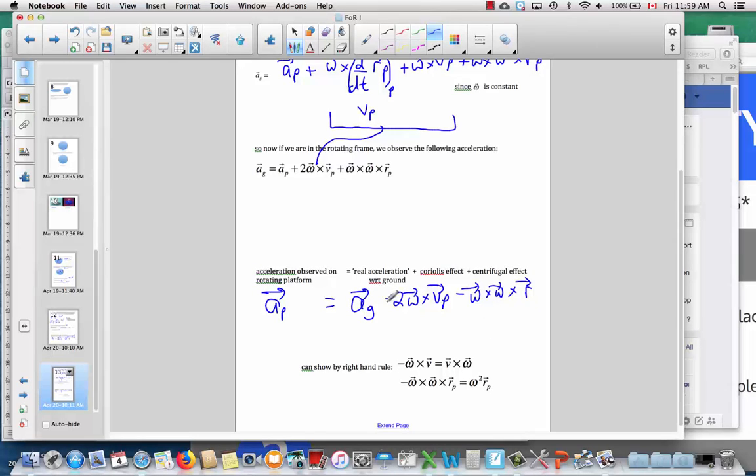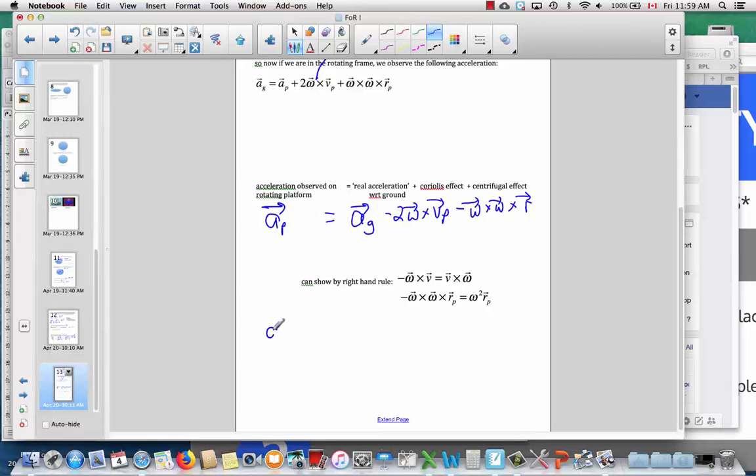By the right-hand rule, you can show that if you just reverse the order of the cross product, that gets rid of this minus sign. And you can show that doing omega cross r and then crossing that with omega, that's just going to be, with the minus sign, in the same direction as r, and it will have magnitude omega squared r.